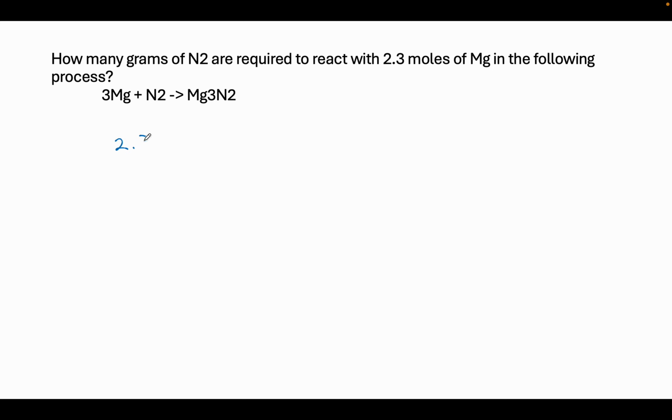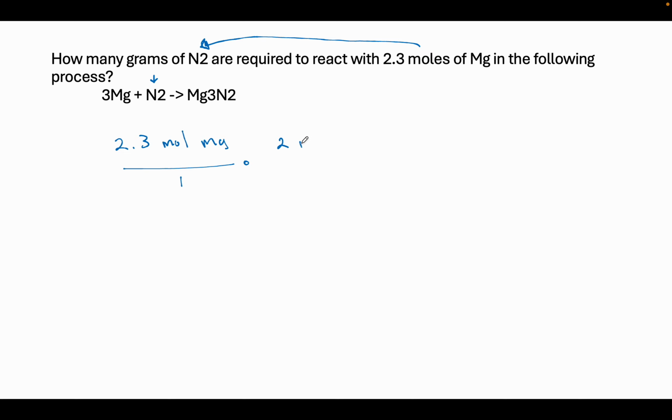So we got 2.3 moles of magnesium over 1 times the ratio of nitrogen to magnesium, because they want us to tell them how much nitrogen we got. So for every nitrogen, actually we got 2 moles of nitrogen because it's N2.